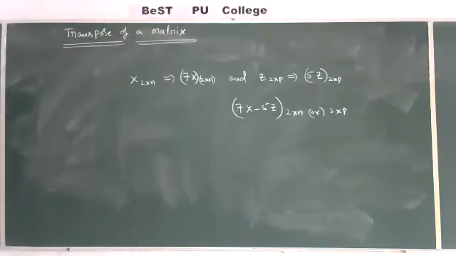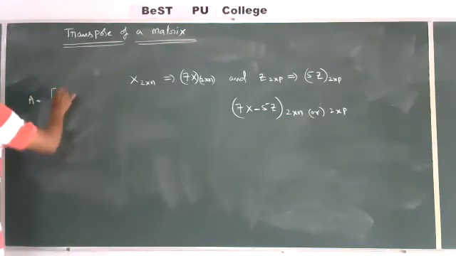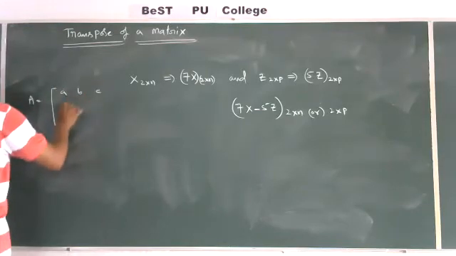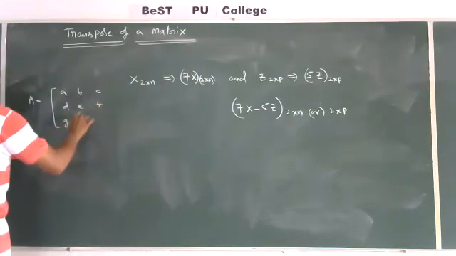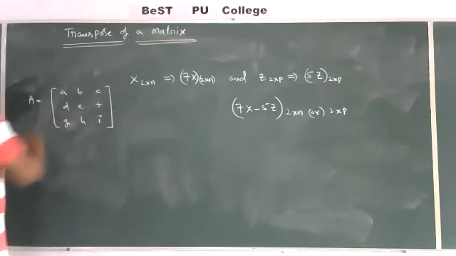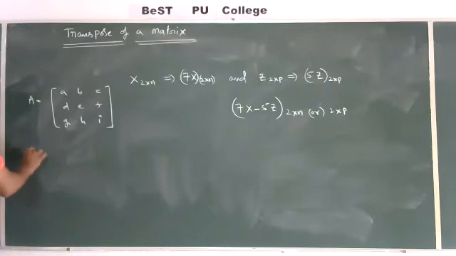If A is any matrix, for example, A is equal to A, B, C, D, E, F, G, H, I. Then A transpose is represented by A power capital T or A dash.